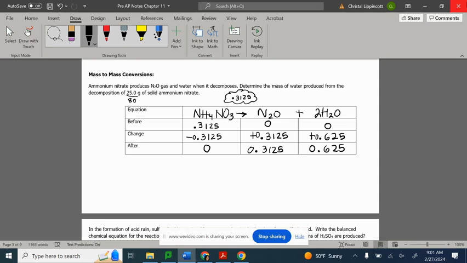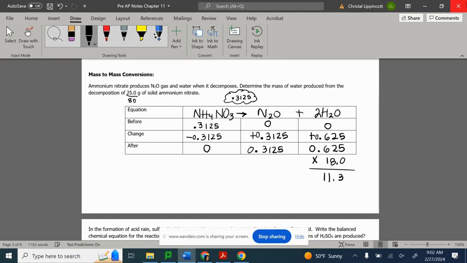All right. So you guys are getting comfortable doing those? Okay, and then they wanted us to determine the mass of the water produced. So I'm going to take this and I'm going to go times 18, which is the molecular mass for water. And that gives me 11.25 on my calculator, but I'm going to write down what? 11.3.